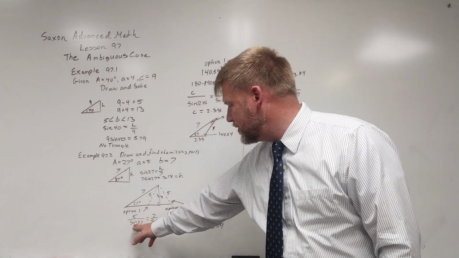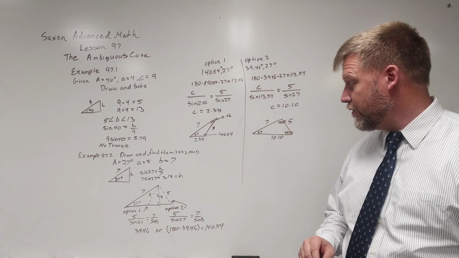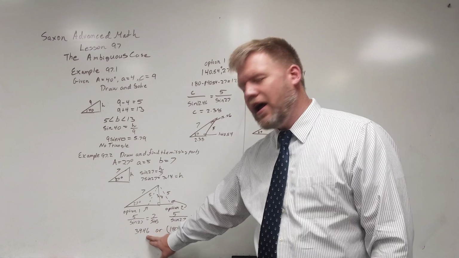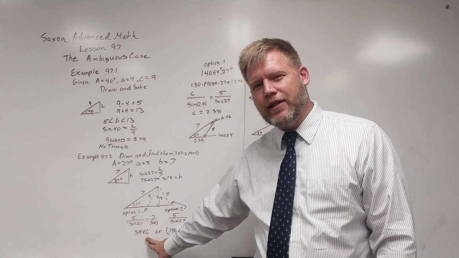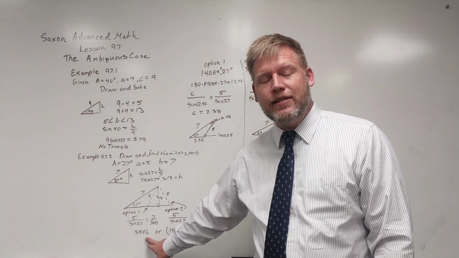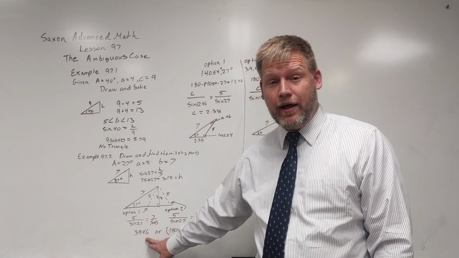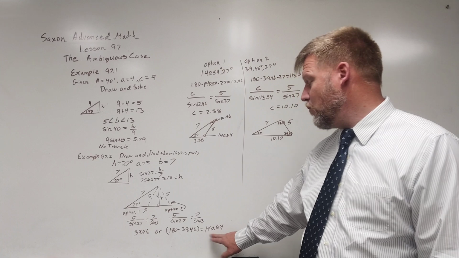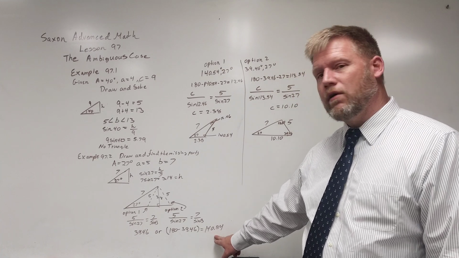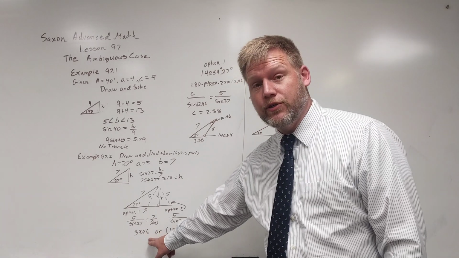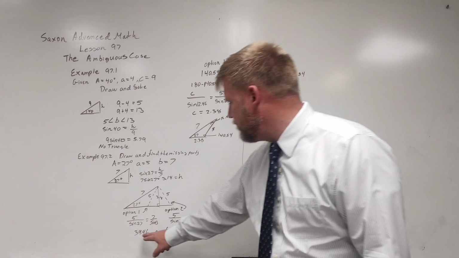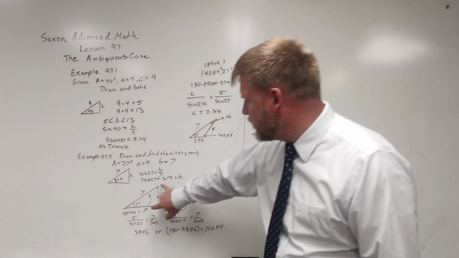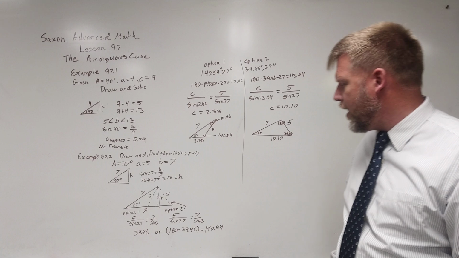And I use the same trig function to find out that it's 39.46 when I plug that in the calculator. But I realize that there's a second quadrant answer as well, and that would be 140.54. That's 180 minus my first quadrant answer. So I have two possibilities that this would work, and that's if it's closer or further away.